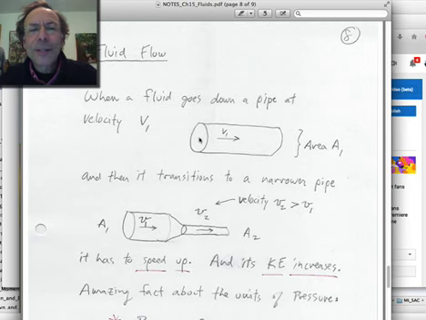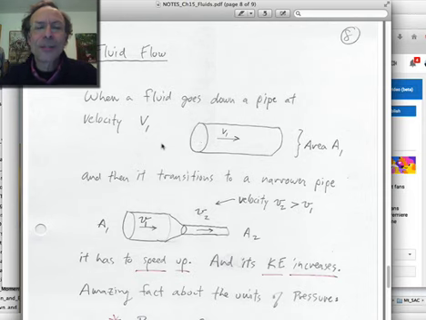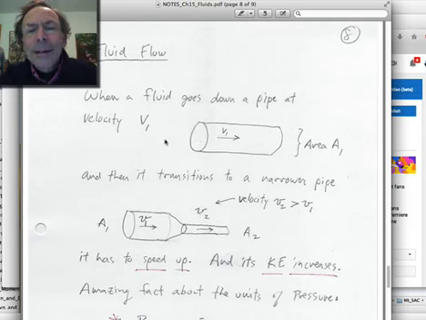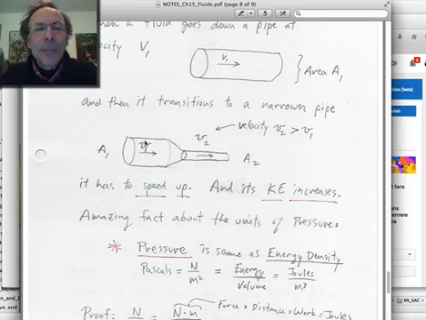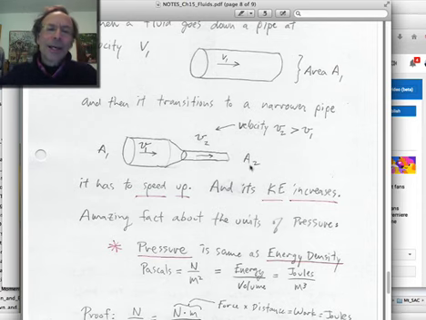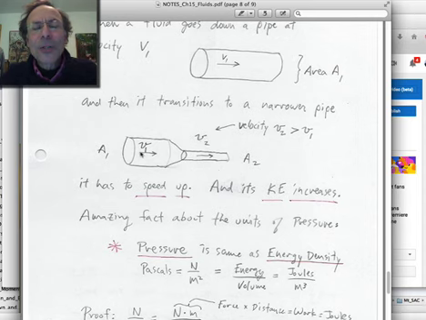You take the radius, pi r squared, and you can figure out the area if it's a round pipe. And so we call that area 1.